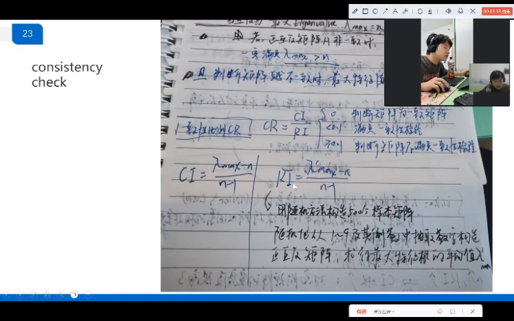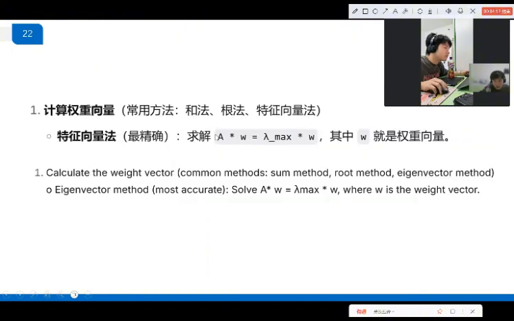So RI equals lambda max prime minus n, divided by n minus 1. And CR equals CI divided by RI. If the value of CR equals 0, then it is a consistent matrix. If it is less than 0.1, it passes the consistency check, so we could proceed with the process.